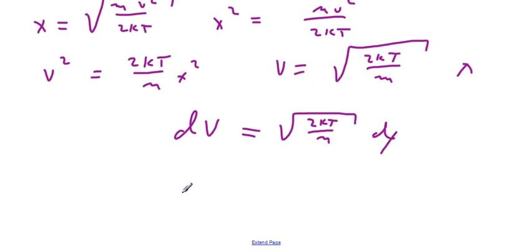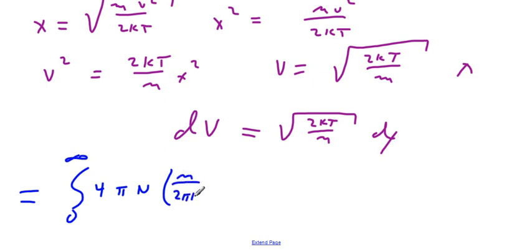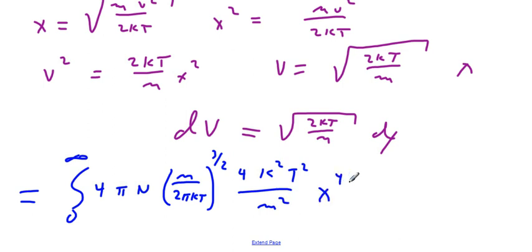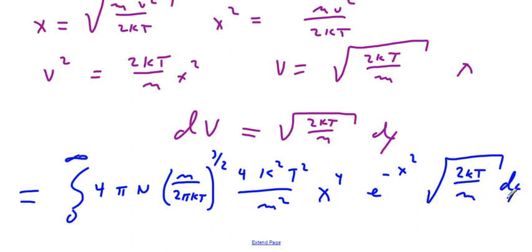And we're going to end up with the integral from 0 to infinity of 4πN times m over 2πkT to the 3/2, times 4k squared T squared over m squared, x to the 4th, e to the minus x squared, times the square root of 2kT over m, dx.